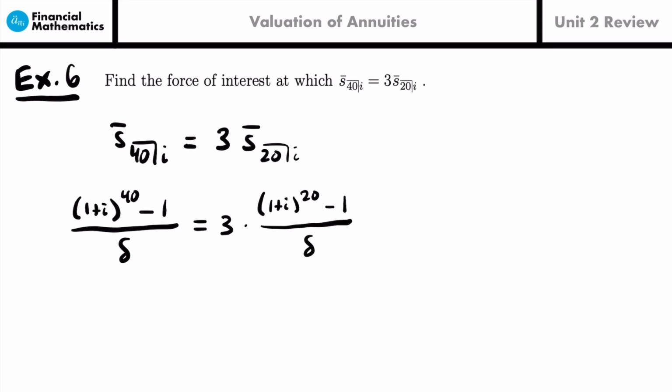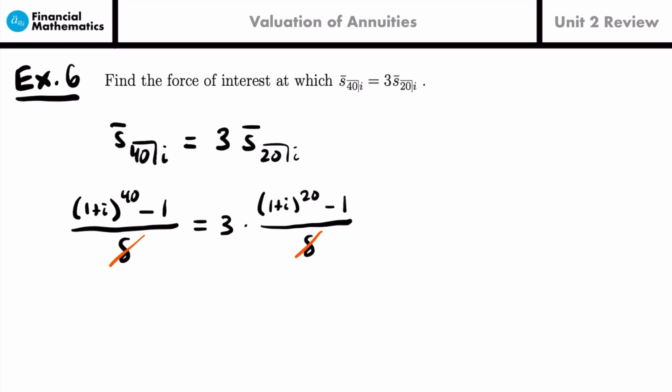Now notice, on both sides of this equation, we have the constant force of interest in the denominator. So writing out these formulas for these notations now allows us to see something that we can cancel out, right? We can multiply both sides of the equation by delta, or the force of interest, and it will be gone. They are canceled out, okay? If you have the same factor on both sides of the equation, you can cross it out, you can cancel it out, and it makes for a nicer equation.